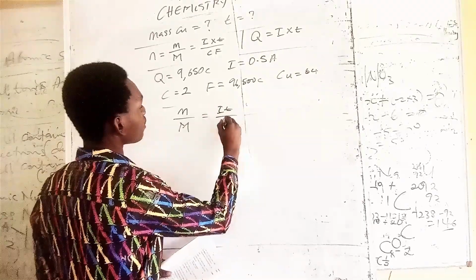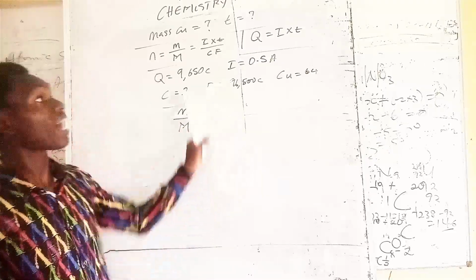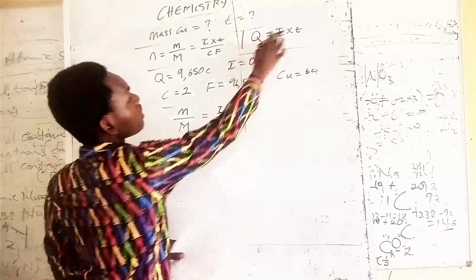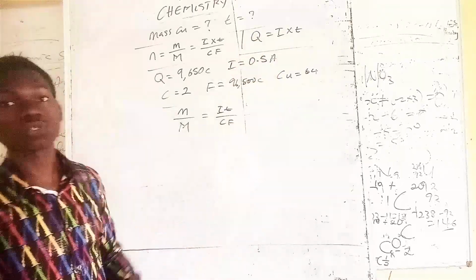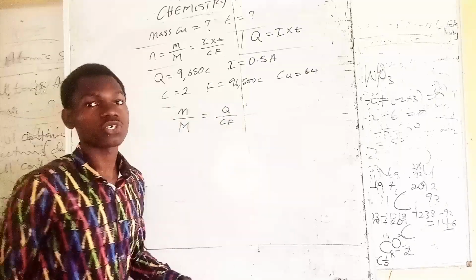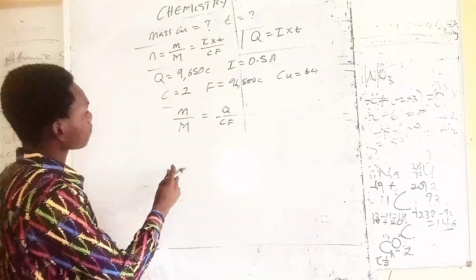But in that question, we are not given t. In fact, we are asked to find t in the next question. But we are told that Q is also equal to It, so we present it here as Q. Hope that's okay.